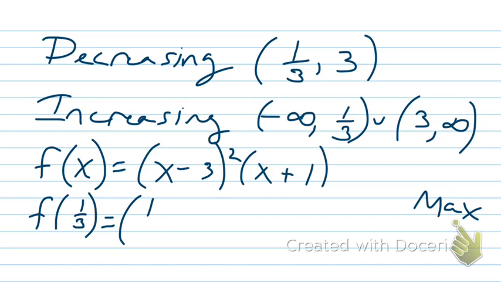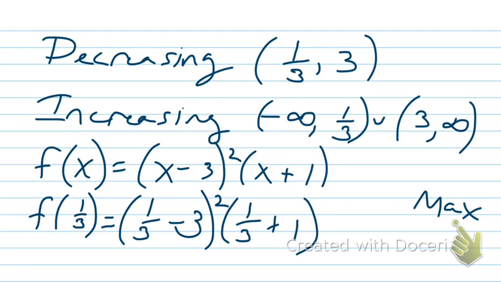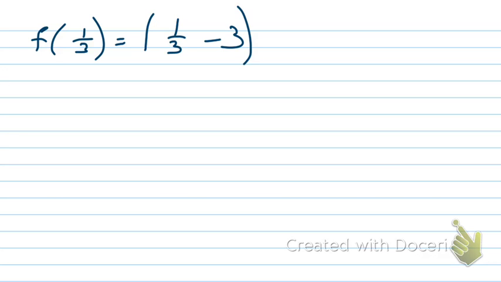When we do, we've got 1/3, take away 3, square it times 1/3 plus 1. If we simplify this, let's just say we rewrite it again. So we got 1/3 minus 3 squared times 1/3 plus 1.